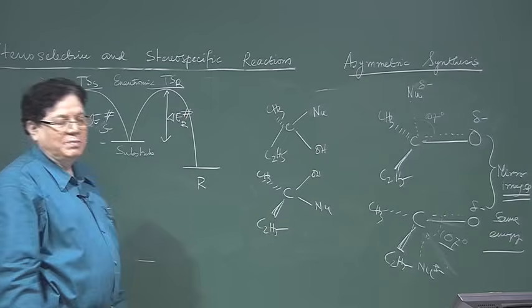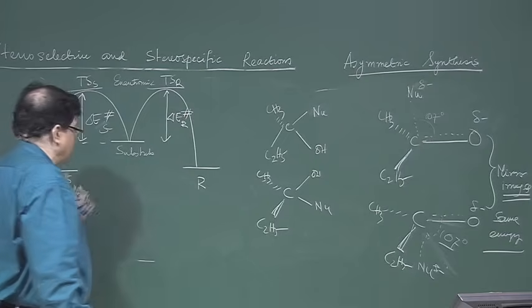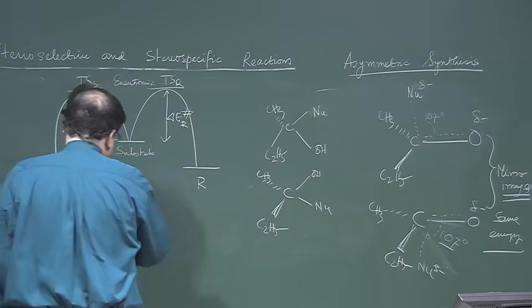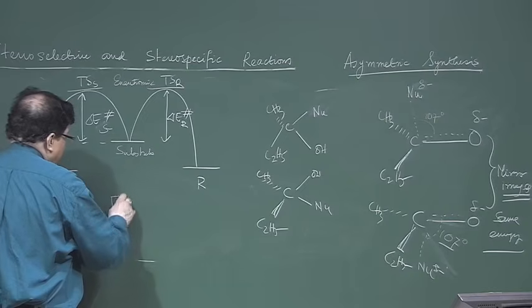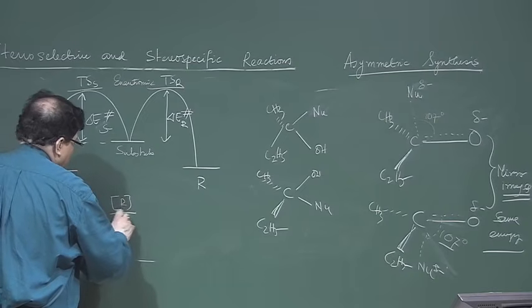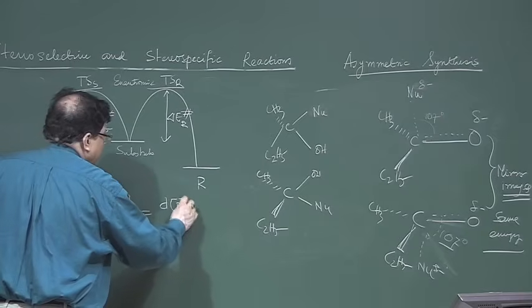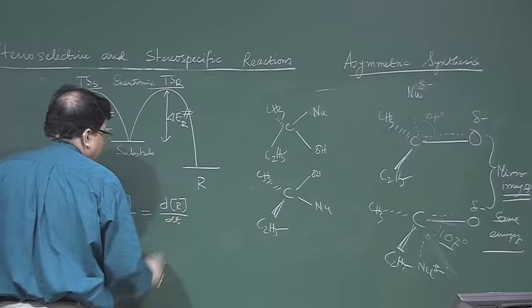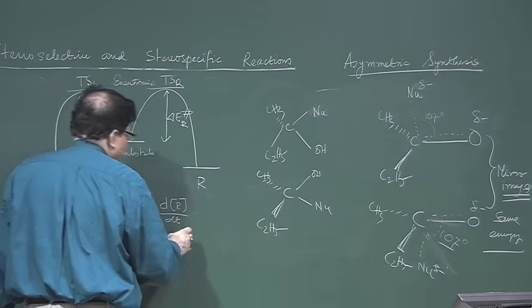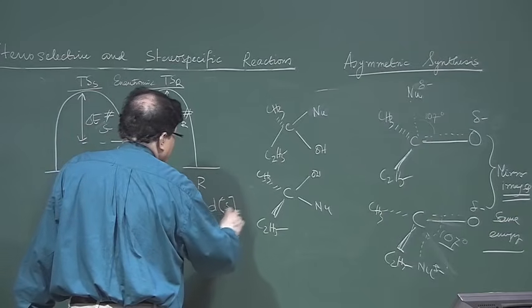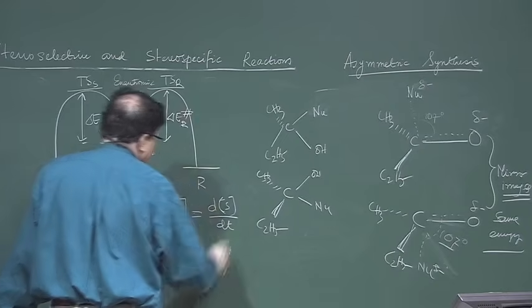If these two are the same, then the rate of formation of R will be equal to the rate of formation of S, and that means R and S will be produced in equal amounts, because both have the same activation energy.